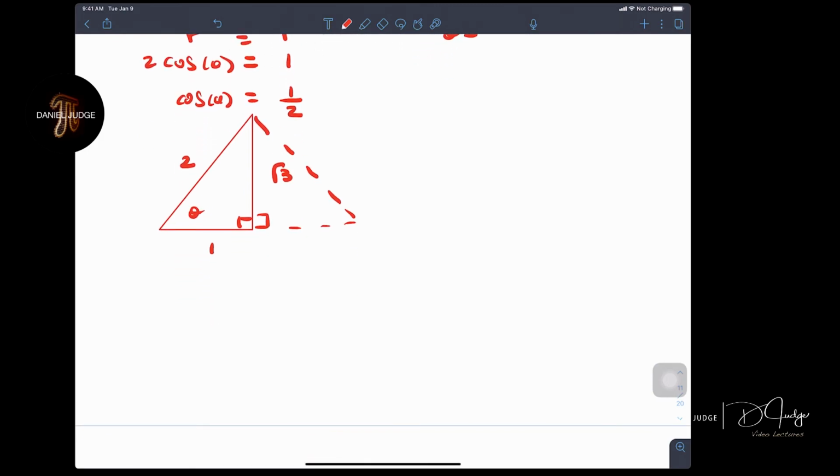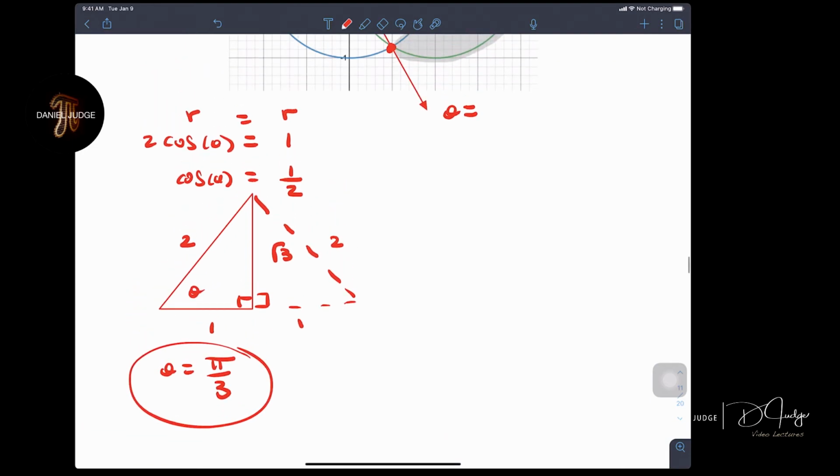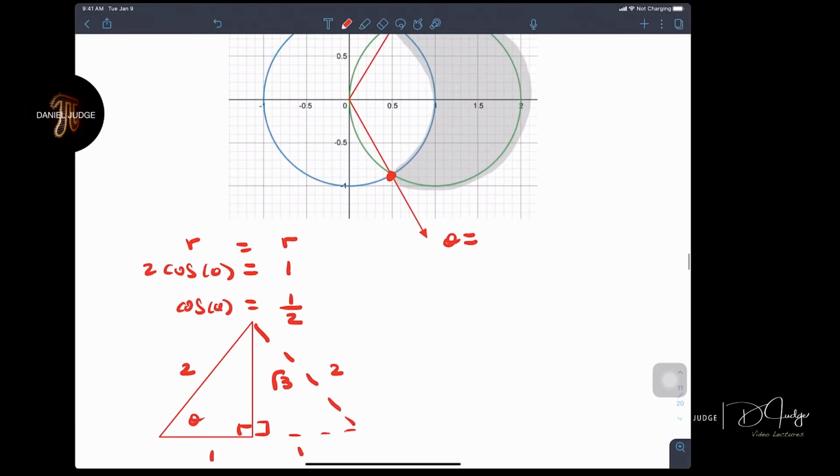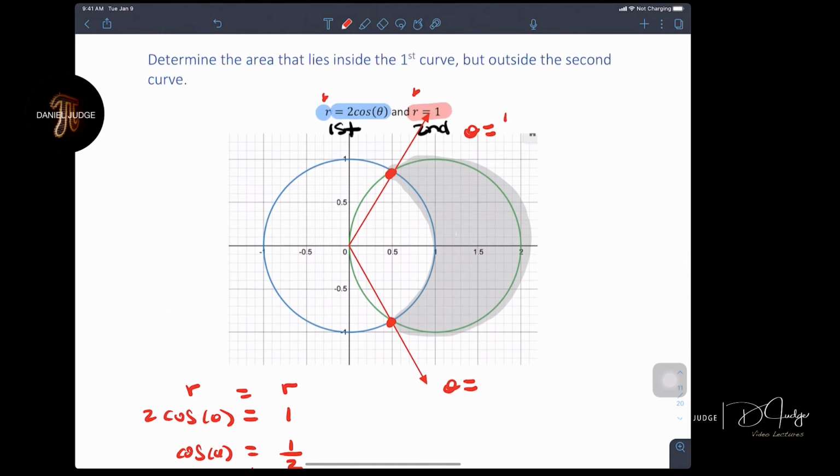So a special triangle, as you guys can see. So that means theta is 60 degrees or pi over 3. And there we go. There's theta, pi over 3. So here's my first point of intersection here. Theta being pi over 3.